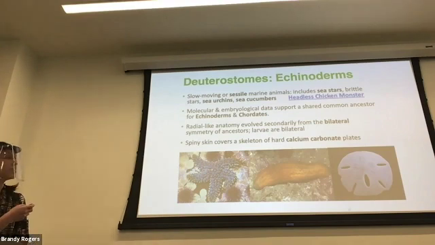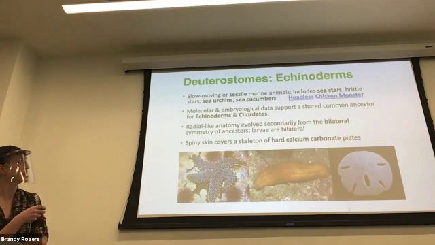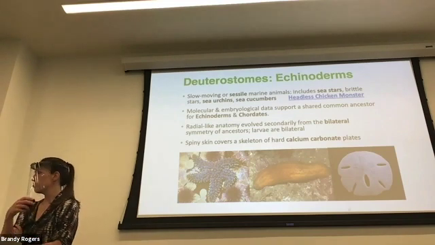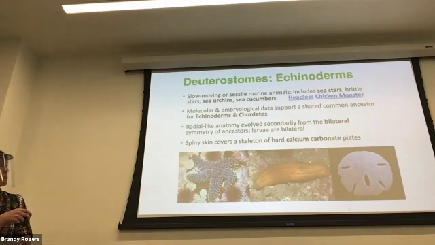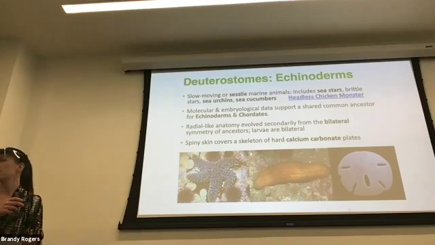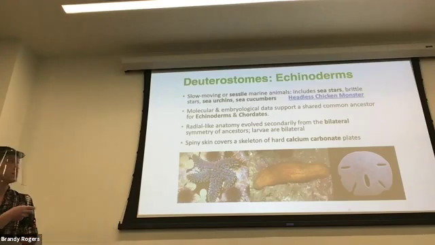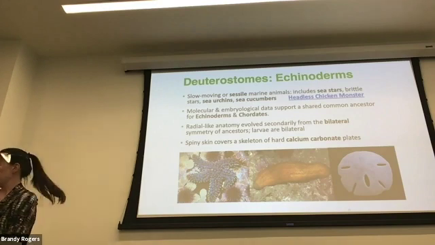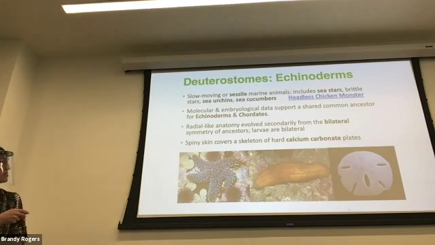If you take them apart internally, they're not radially symmetric. But you can really see it in their larval stages. They go through multiple phases before they become the sea star that you know and love, or these other guys. And those larvae have that bilateral symmetry. So it does exist. It's just a body form thing that they end up looking kind of radial.